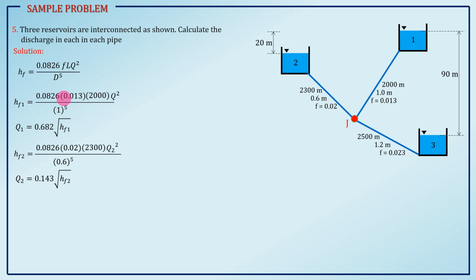So, dagdagan natin equation, we have, for the pipeline number 3, so we have 0.0826, F is 0.023, L is 2,500, Q3 squared over diameter na 1.2 raised to 5. Ayan. So, simplifying, no, and solve for Q3. Q3 is 0.724 square root ng HF3.